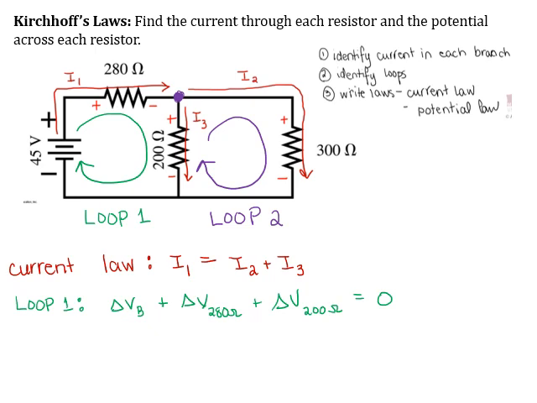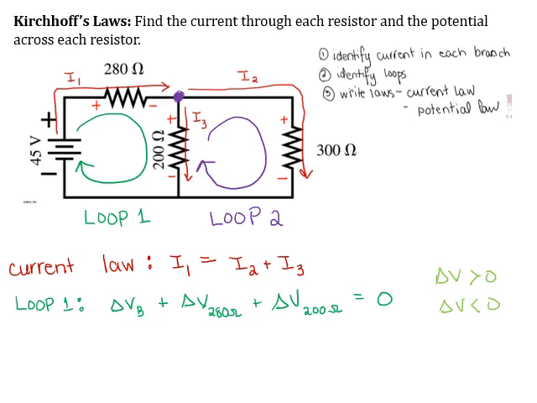When we write our potentials now, there's a couple of things we're going to remember. We're going to remember that sometimes potential is positive and sometimes potential is negative. Potential is going to be positive when our loop takes us in the direction of increasing potential, and potential is going to be negative when our loop takes us in the direction of decreasing potential.